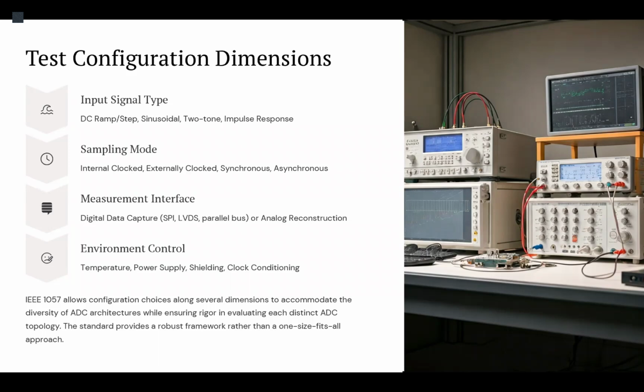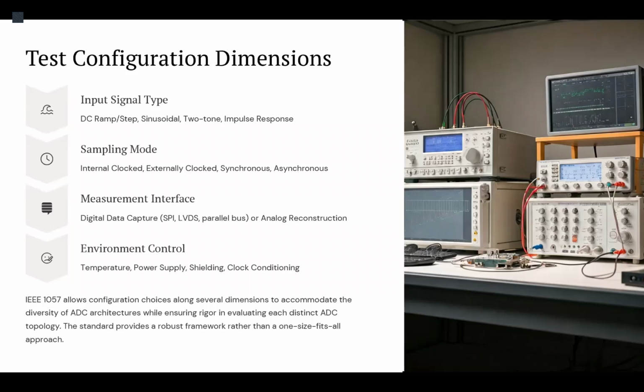Okay. Other test setups can use analog reconstruction, so the ADC output is passed through a DAC module that changes the digital signals back to an analog signal, which is normally used in analog instrumentation. But the choice depends on the type of ADC and the resolution and the bandwidth of interest.